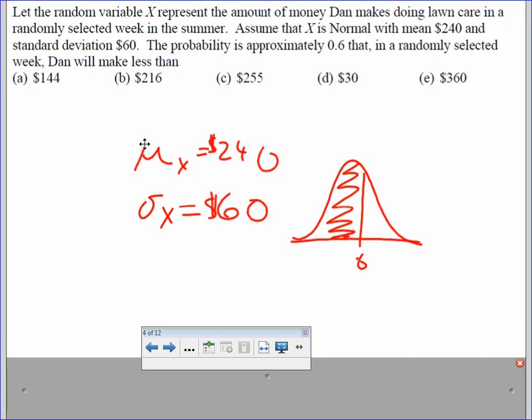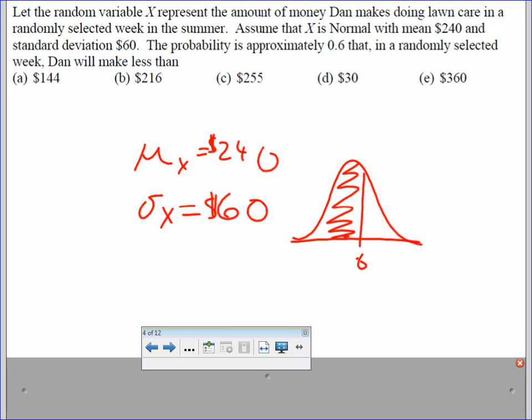So how we're going to do this one is we're going to do an inverse norm. Let me make sure I set that up correctly. Hold on. Okay, and so the way to do this is there's two ways. One is you could find the z-value and solve, or you could use your calculator.